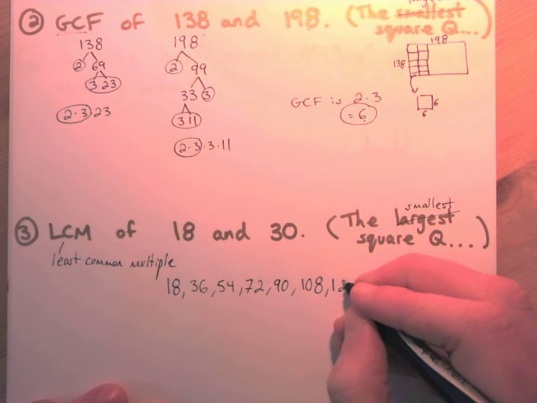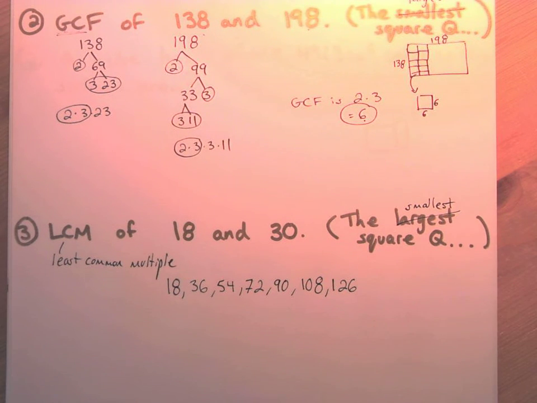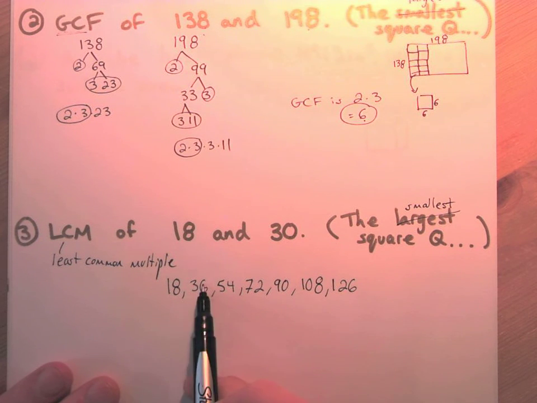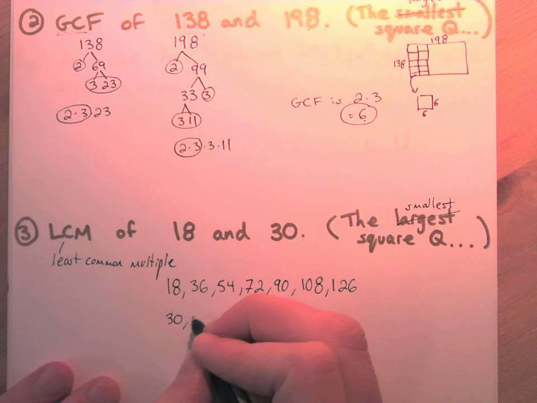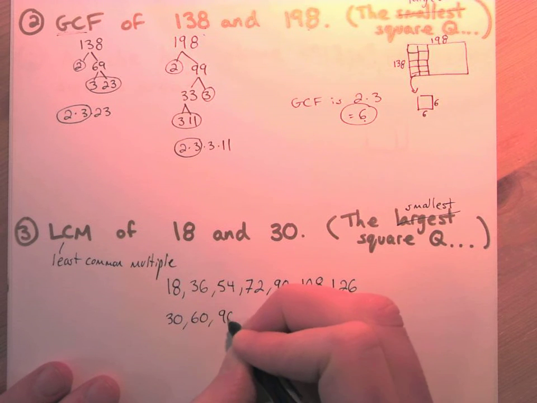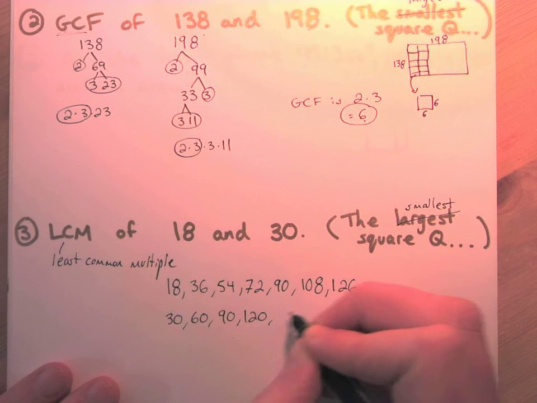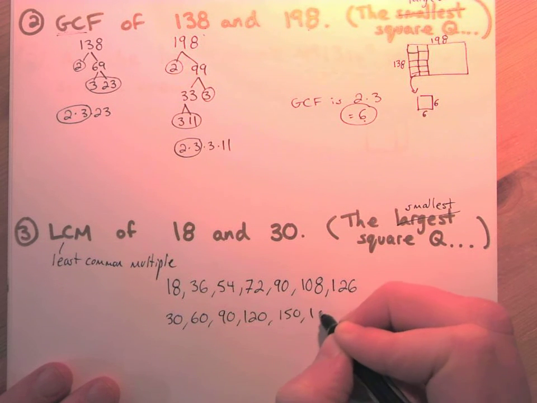Alright, so I wrote a list of the multiples of 18. 18 times 1, 18 times 2, 18 times 3, and so on. Now I'm going to do it with 30. 30, 60, this one's easier, 90, 120, 150, 180.